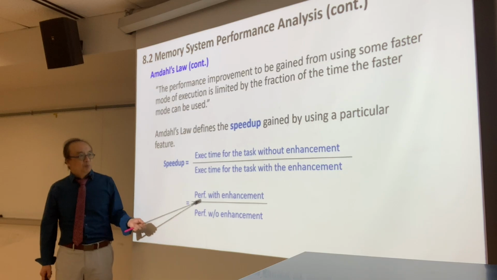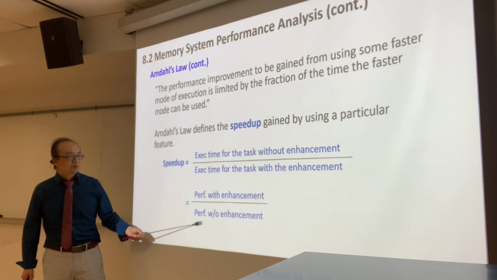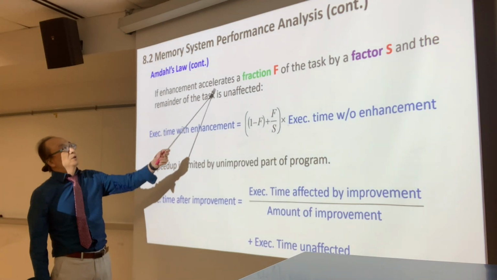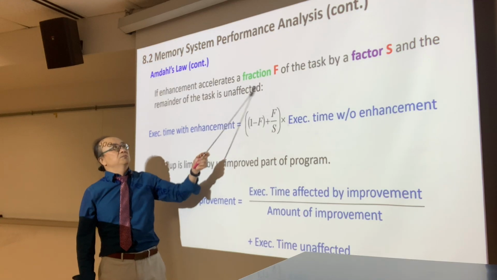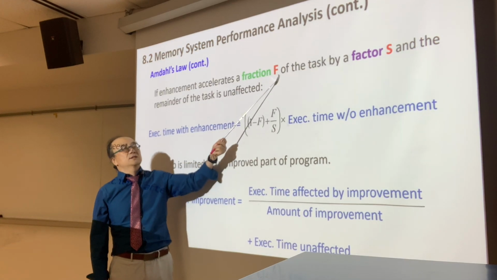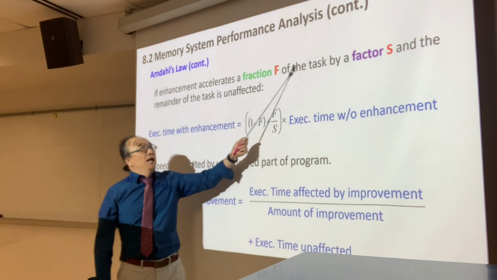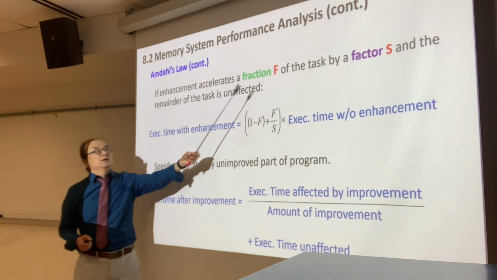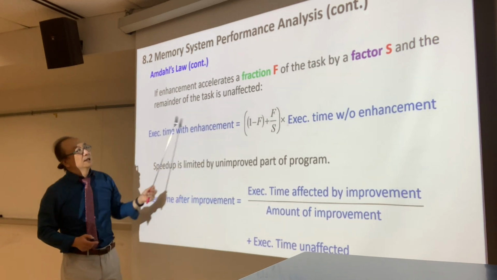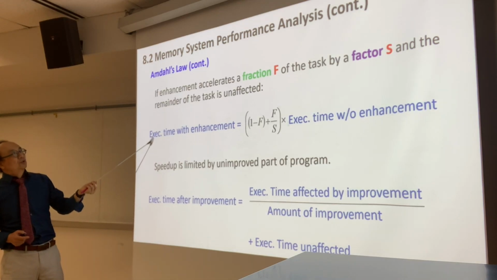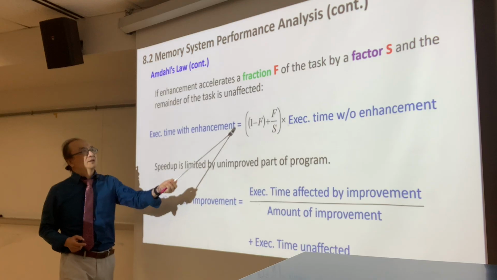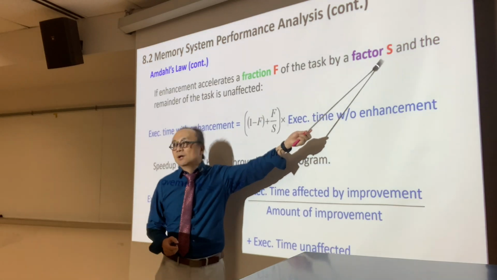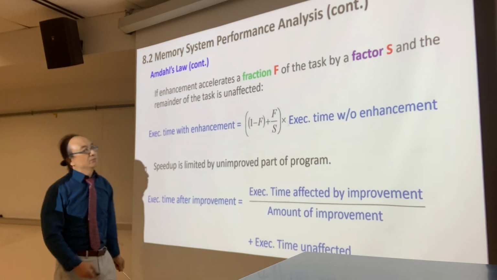And also we can say the performance with the enhancement over performance without enhancement. So in Amdahl's law, it says if an enhancement accelerates a fraction of the task, we're going to call it F, by a factor S, how much we can make it faster, then the execution time with the enhancement is going to be 1 minus F, that fraction, plus F over S, times the execution time without enhancement.